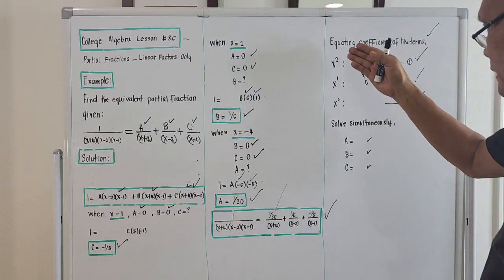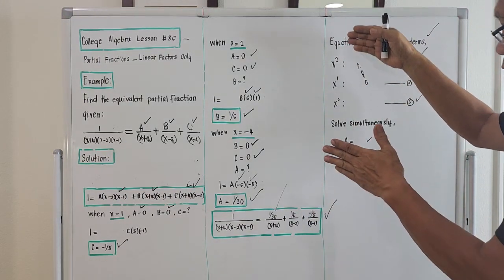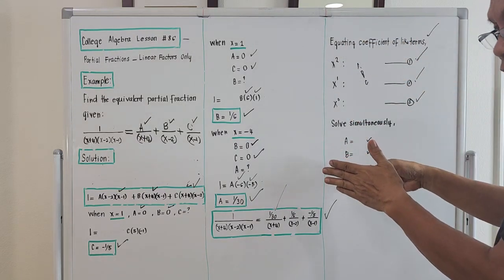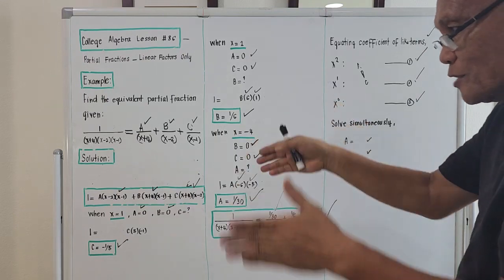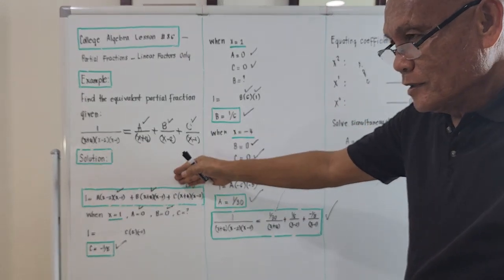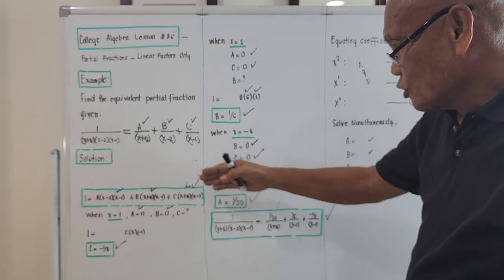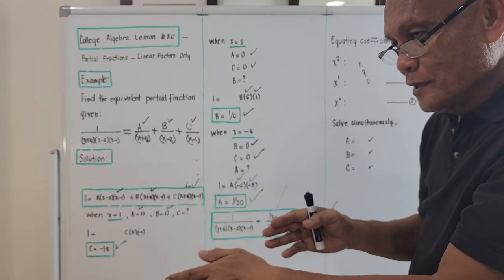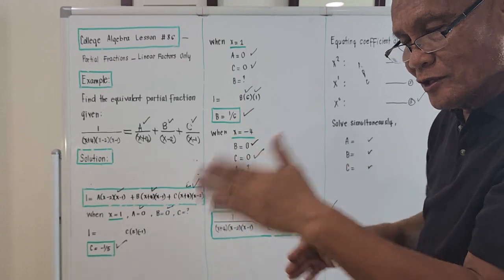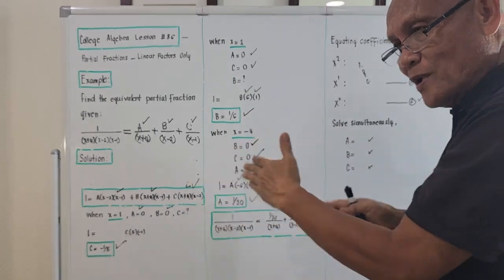Because actually we could use this one, but if you are not smart enough or not fast enough, you might not finish the problem. So the simpler solution is this one. Okay? That is, assume a value to eliminate the other two coefficients. Again, assume again another value to eliminate again two values.